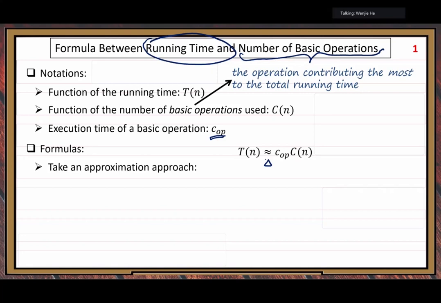Based on this relationship, we want to go back to our original goal. We want to study the efficiencies of all the algorithms. We do not talk about one particular algorithm.